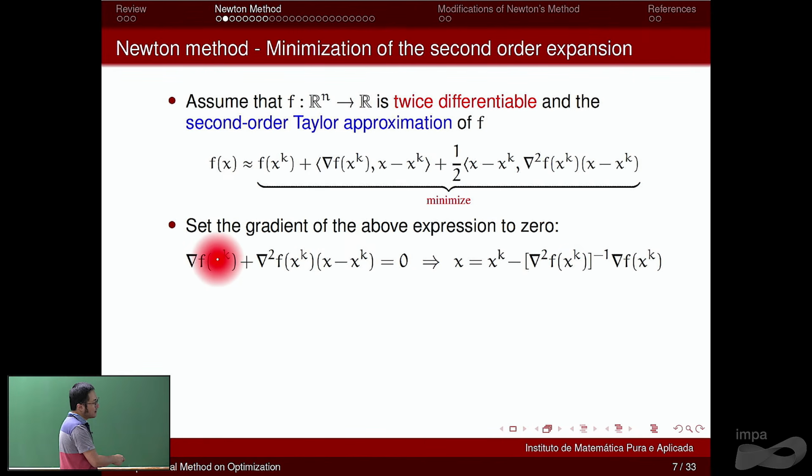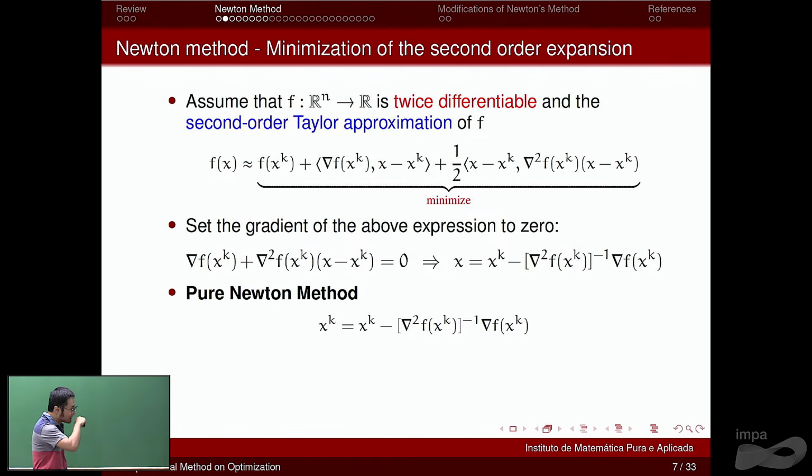You put the gradient on the other side, and then you multiply by the inverse of the Hessian. So you get this equation, and then we get the pure Newton method. Sorry, there is a typo here. This should be xk plus 1 equals xk minus the inverse of the Hessian times the gradient.